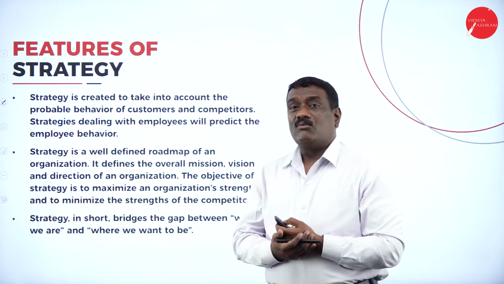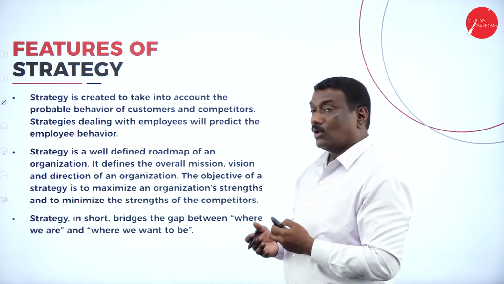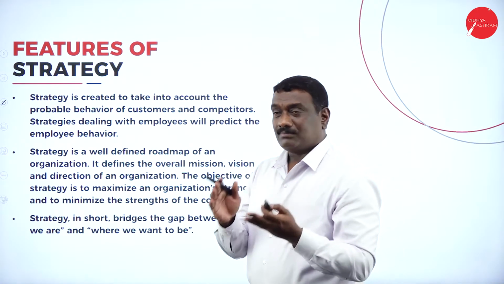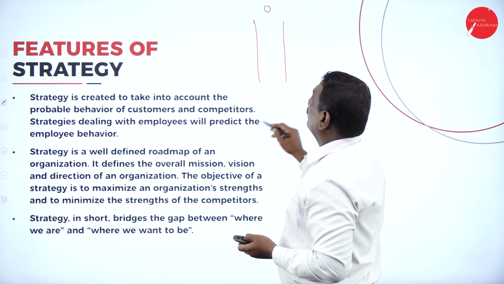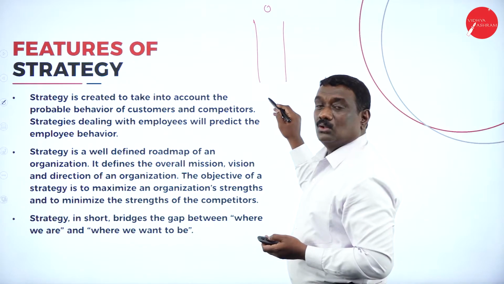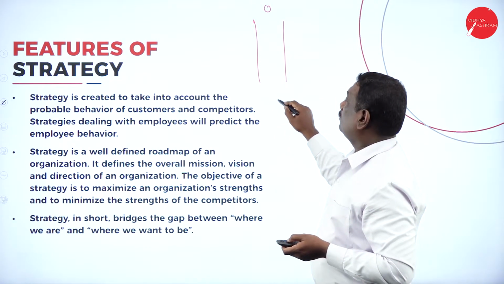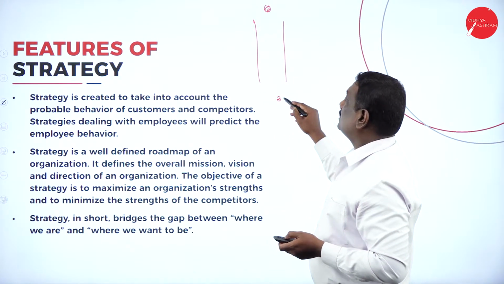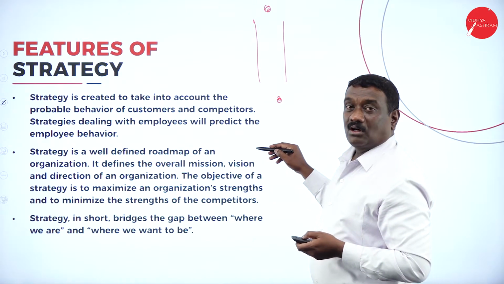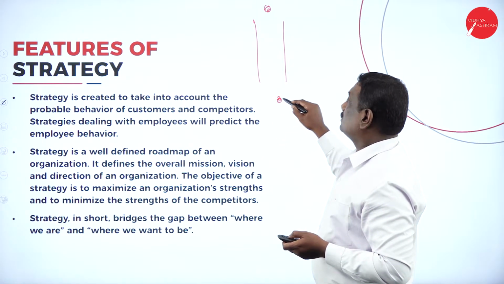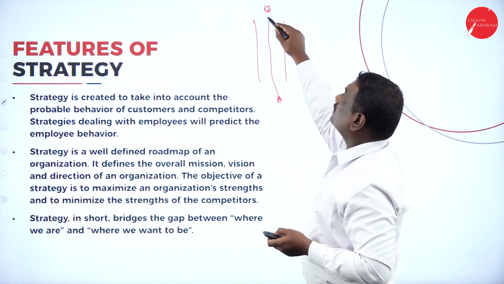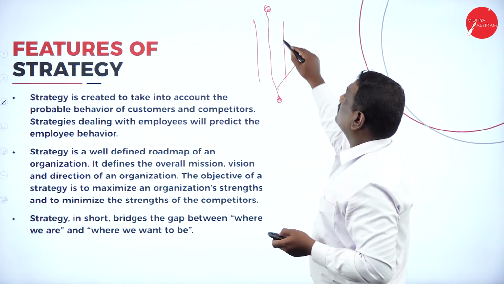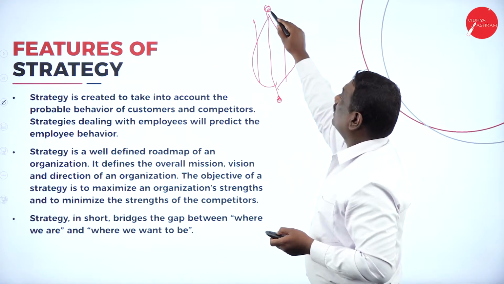This strategy is also a well-defined roadmap of an organization. Roadmap means you want to reach here. If you put in the Google map, it will show you this is your destination and this is your starting point. From here Google will show you how to reach. It may be like this to reach or like this to reach.